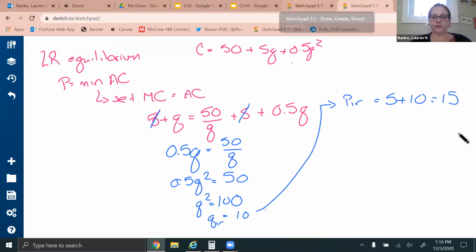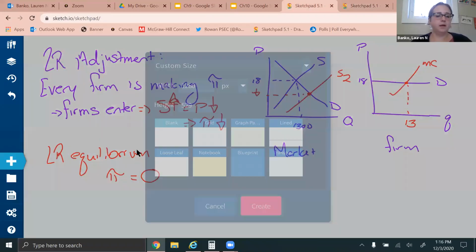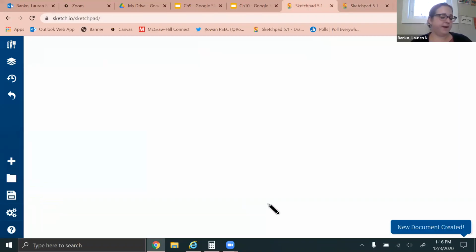So now with this price and quantity, you might be asked about what's going on in the whole market.